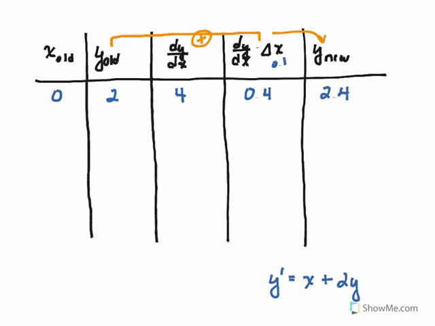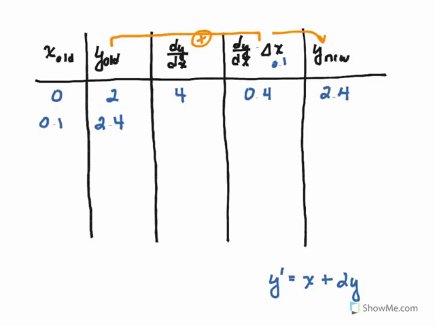That is now going to carry down to become the next y value from which we're going to work. Our next x value, remember our x's are going up in steps of 0.1. So that means the x value that's going to go with that 2.4 y value is 0.1. And we simply repeat the process.